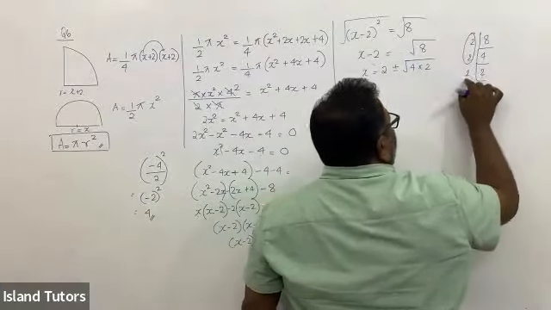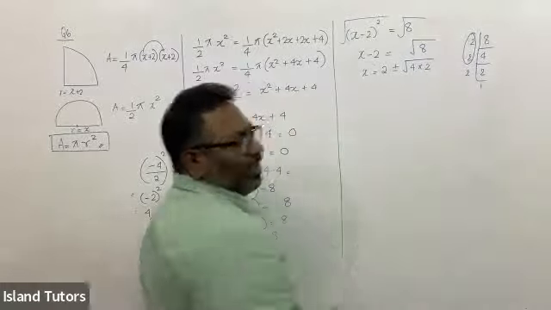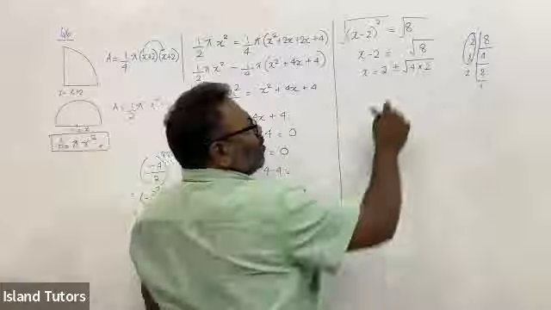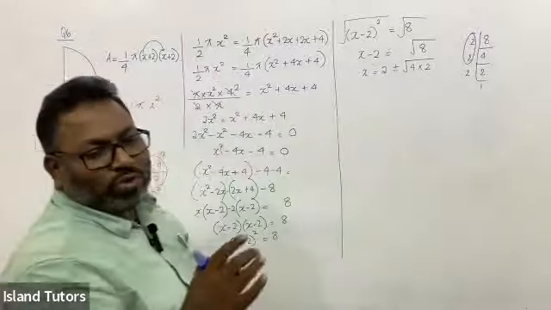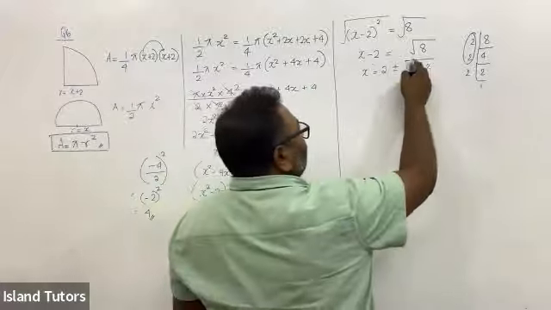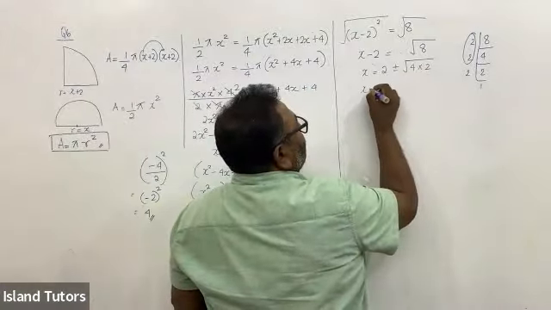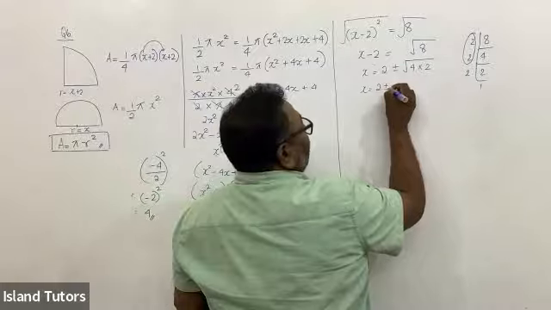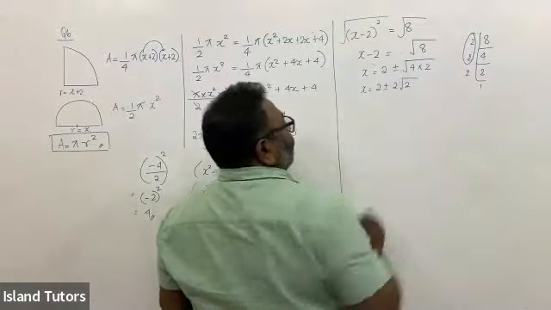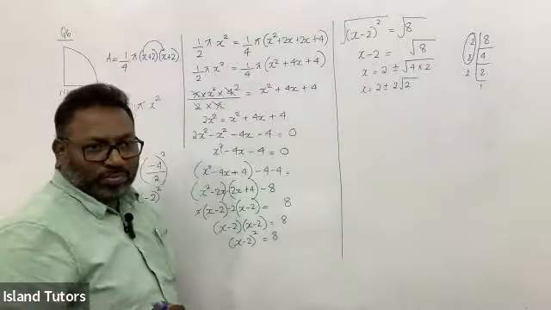Now, what is the square root of 4? Square root of 4 is 2. You take that outside the root. So x is equal to 2 plus or minus 2 square root of 2.